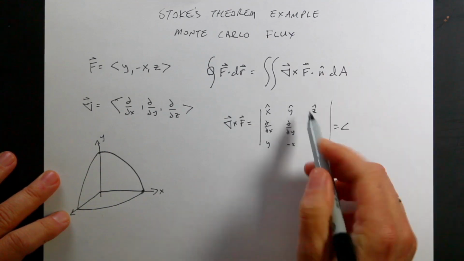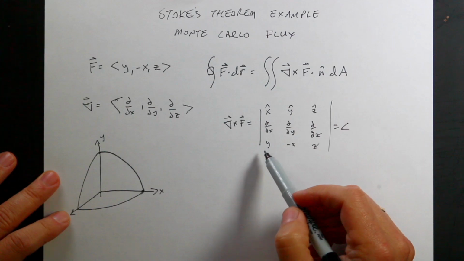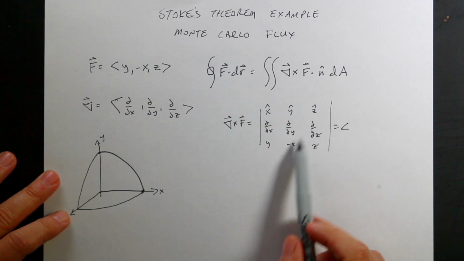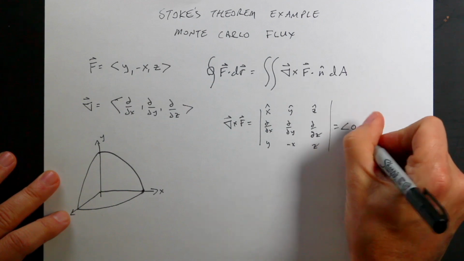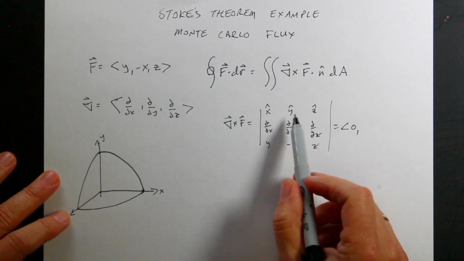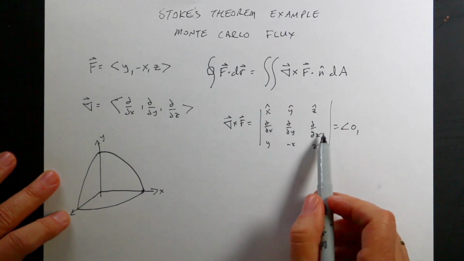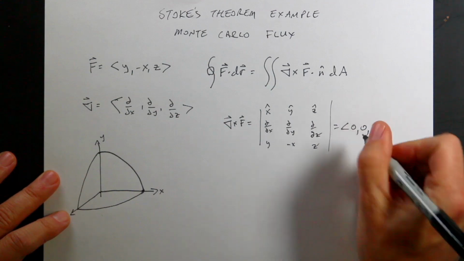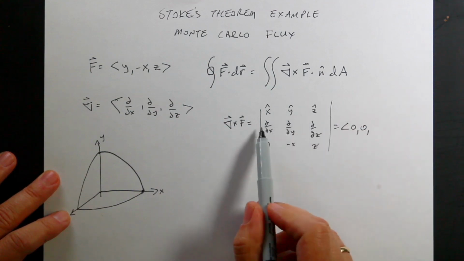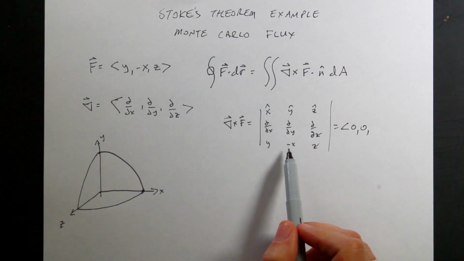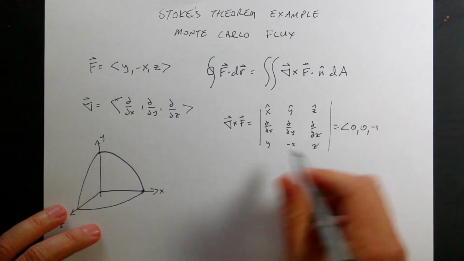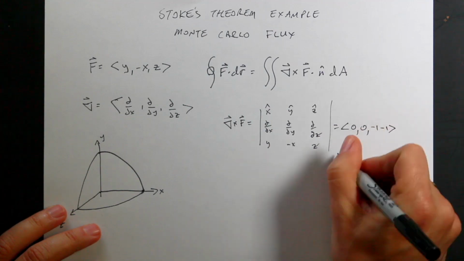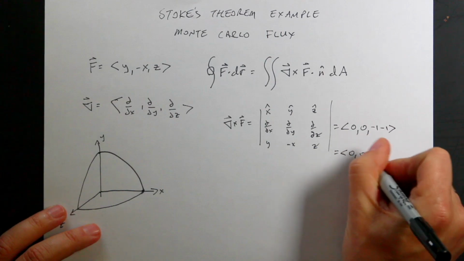If I expand about the x direction, I get the partial of z with respect to y, which is 0, minus the partial of negative x with respect to z, which is 0, so I get 0. For y, I get the negative: the partial of y with respect to z, 0, minus the partial of z with respect to x, 0. Then the z direction: the partial of negative x with respect to x is negative 1, minus the partial of y with respect to y, which is 1. So the curl, in this case, is just a constant: 0, 0, negative 2.